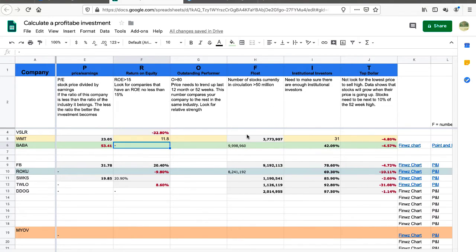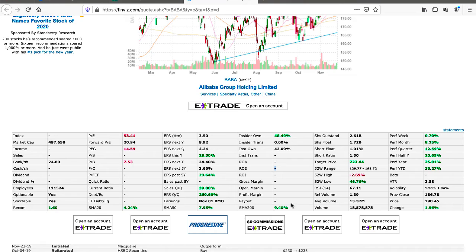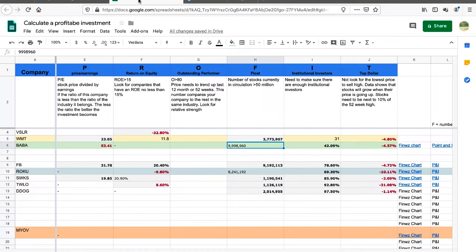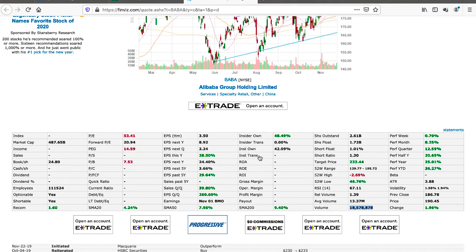Okay, the next one is the number of stocks in circulation. Right now it has a volume of 18 million. And here I had 9 million, so let me change it to 18. It changes almost every day, depending on how many they're buying and selling. Institutional investors. Here you can see the institutional ownership is 42.